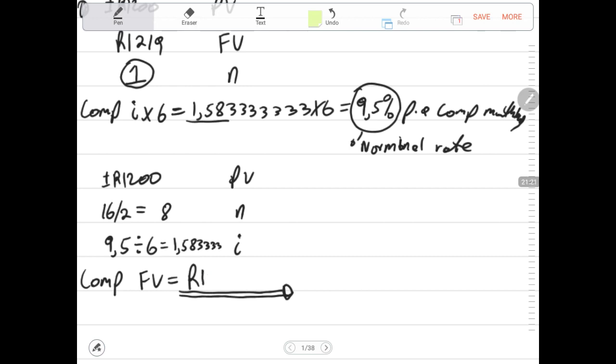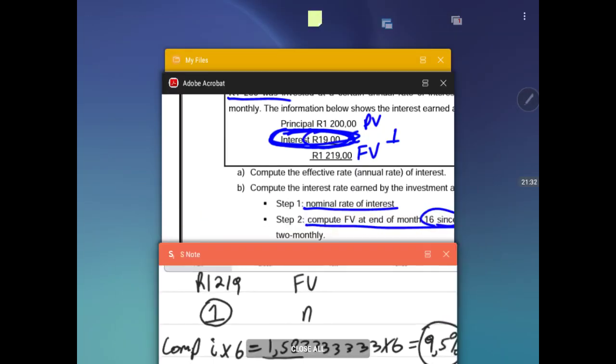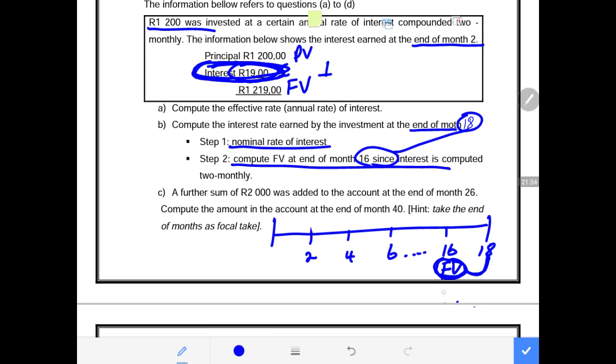Then we get 1,360 rand 69 cents. I want to highlight again that this amount, 1,360 rand 69 cents, is the amount here at the end of month 16. This amount will earn interest only for one period, from month 16 to month 18, which is 2 months.